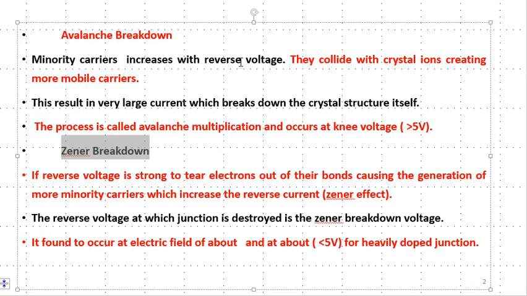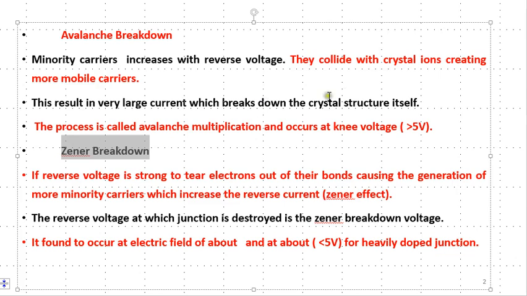And what brings about that is the collision of the ions in that crystal in such a way that more mobile carriers, electrons and holes, are created whenever that voltage increases. And as this collision increases, a very large amount of current starts flowing through the reverse mode.